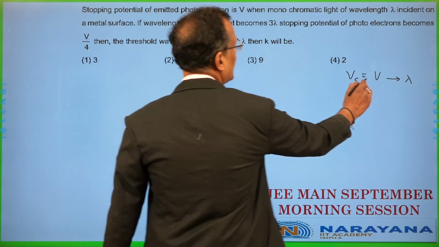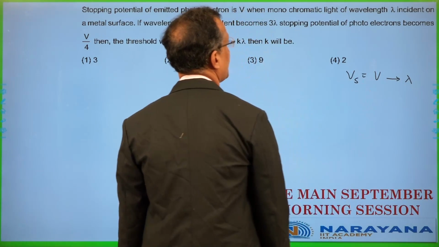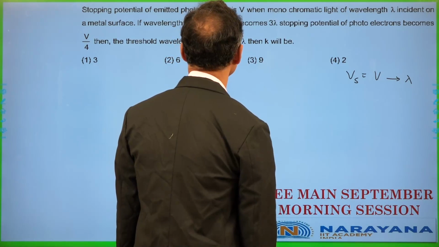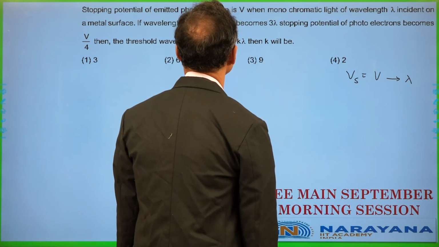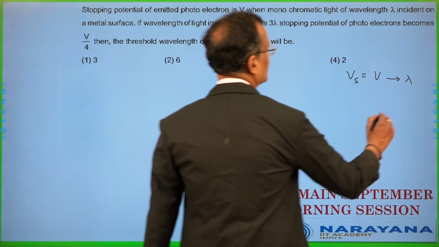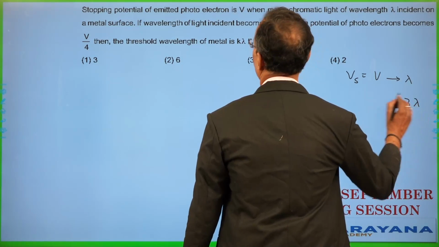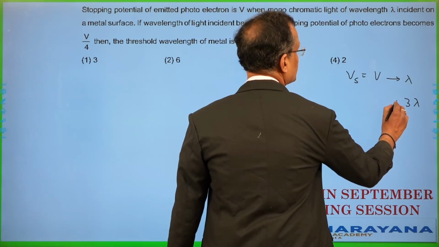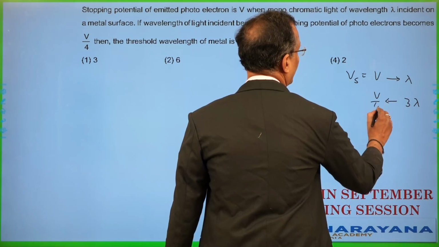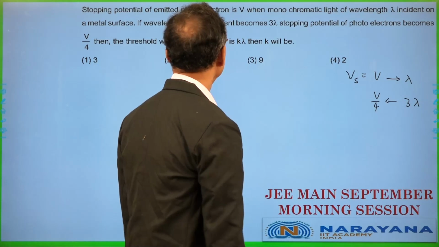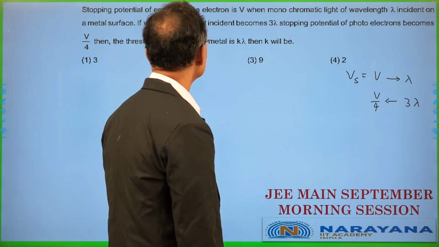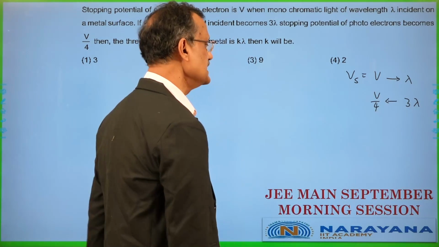It is V when incident wavelength is lambda. If wavelength of light incident becomes 3 lambda, stopping potential becomes V by 4. They are asking then the threshold wavelength of the metal.